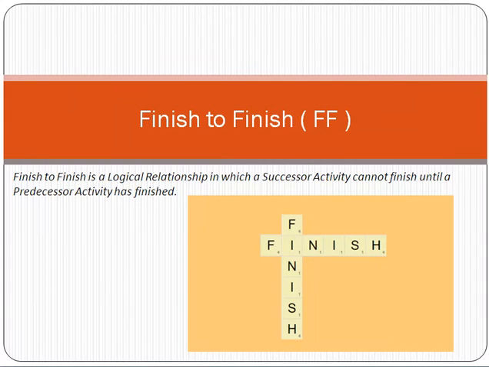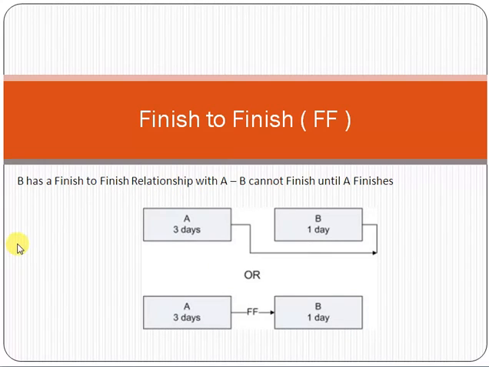Let me give you a few more examples to explain. For example, see here, there are two activities. Activity A is of 3 days and activity B is of 1 day. A is the predecessor activity and B is the successor activity.